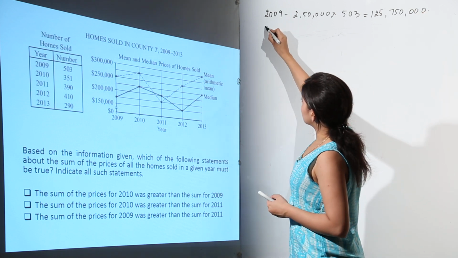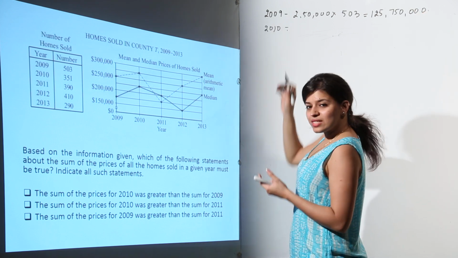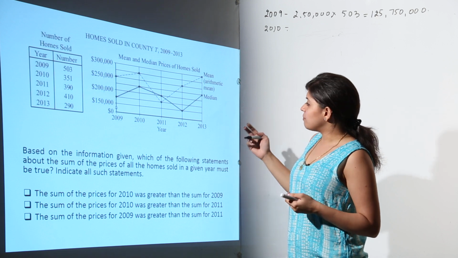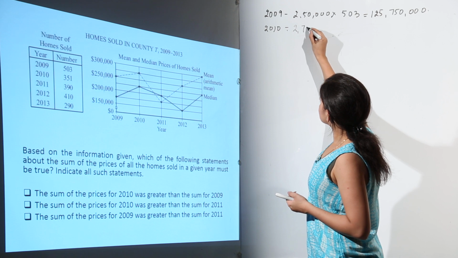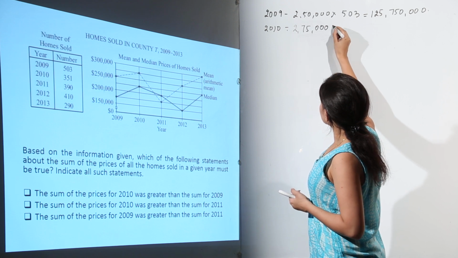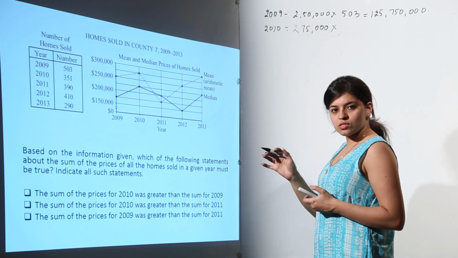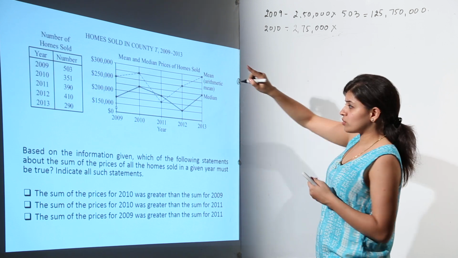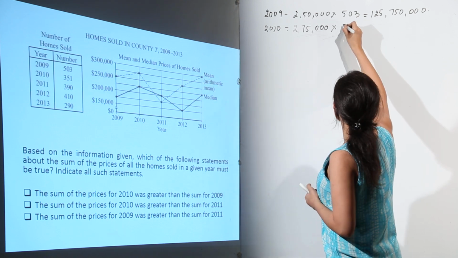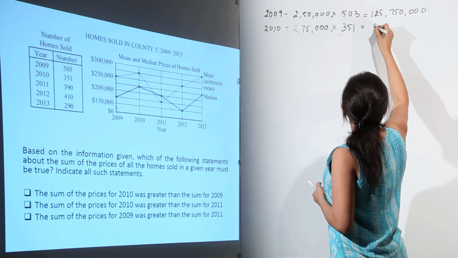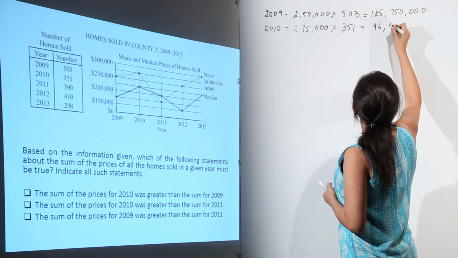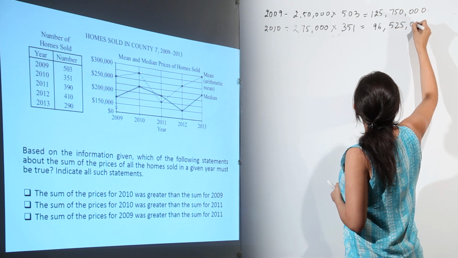In 2010, the total sum of the prices sold: the mean in 2010 is 2,75,000. We will multiply it by the number of houses, which in 2010 is 351. We get 96525.